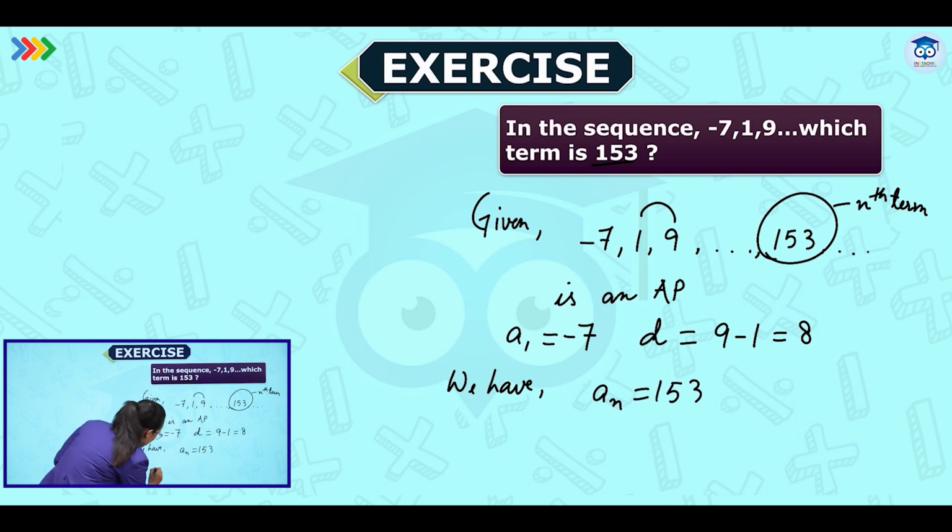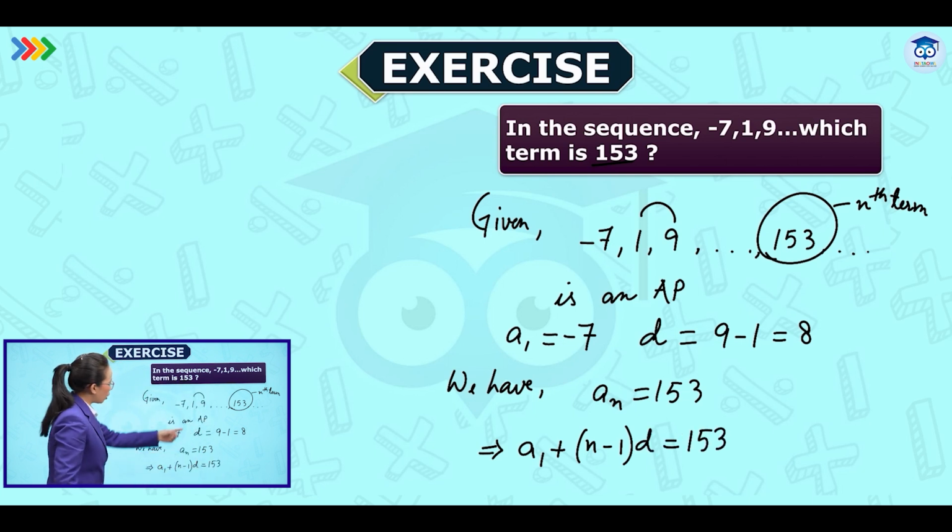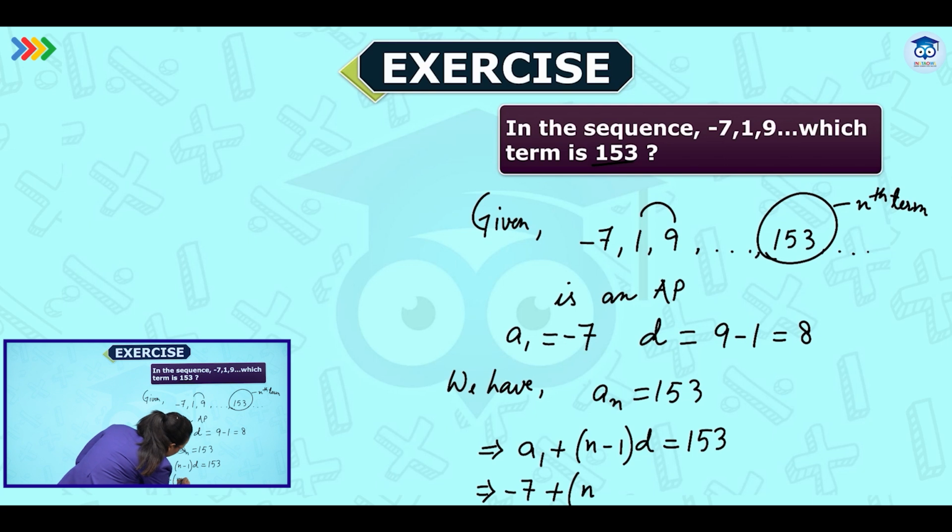We substitute into the formula: a1 plus n minus 1 d is equal to 153. a1 is minus 7, n we don't know, and d is 8, so minus 7 plus n minus 1 into 8 is equal to 153.